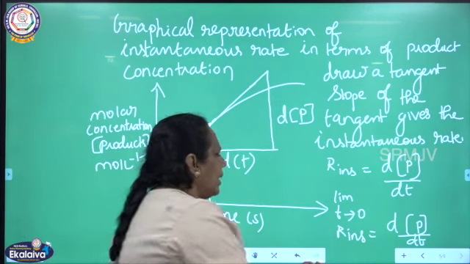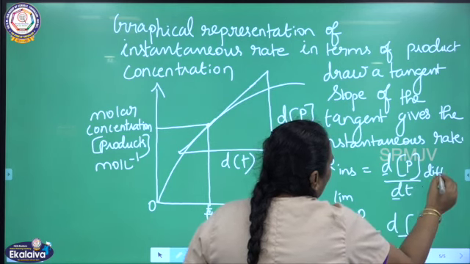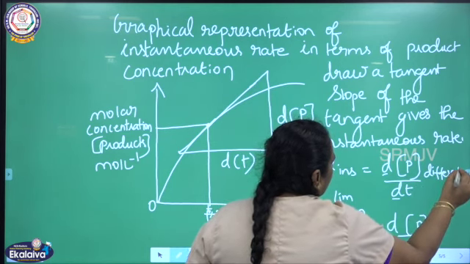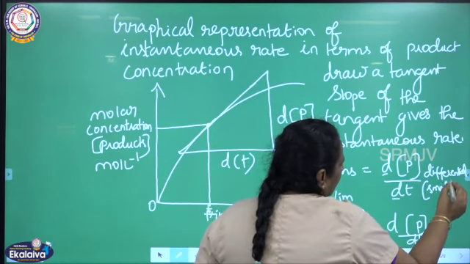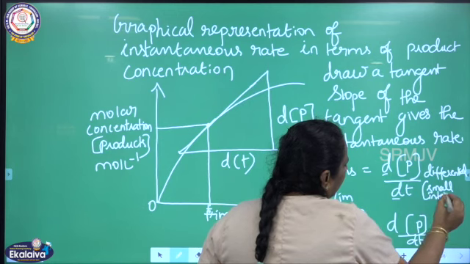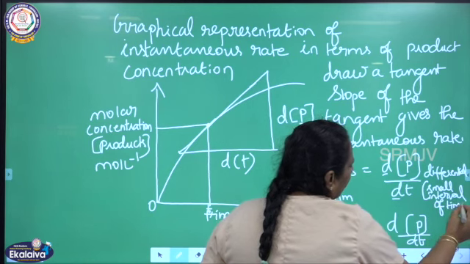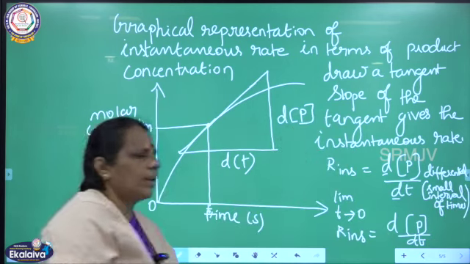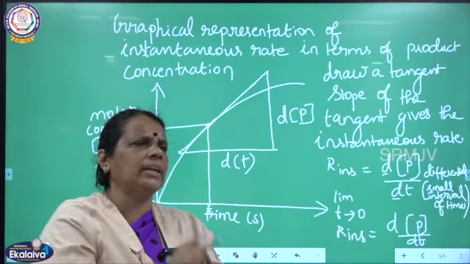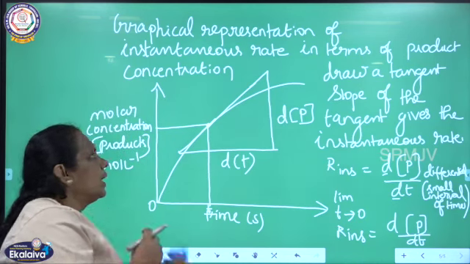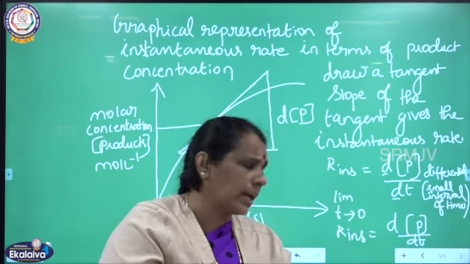The d indicates differential, that is, a small interval of time. So we indicate it by dP by dt, where we are talking about a small time change. This is the graphical representation of instantaneous rate for product concentration.